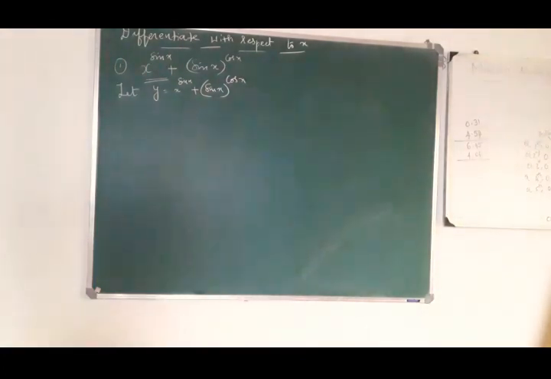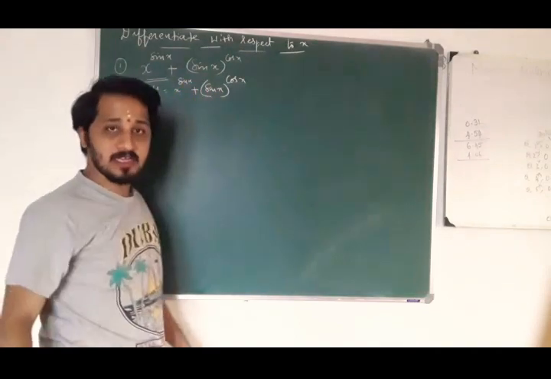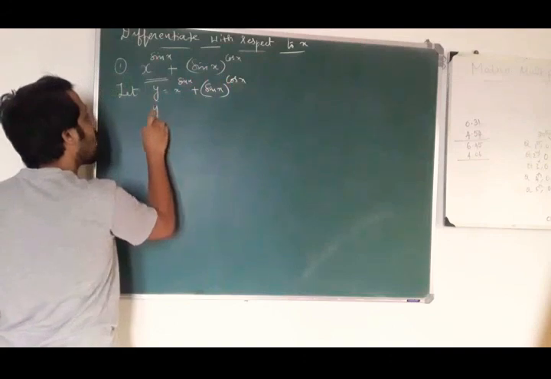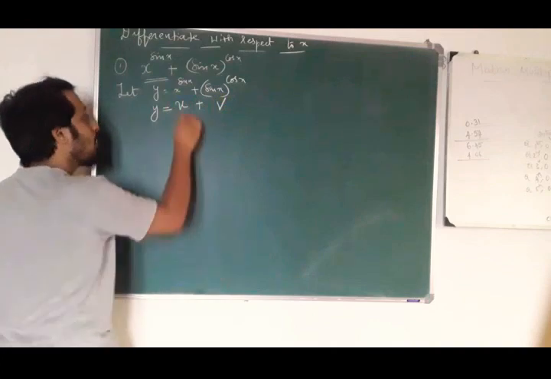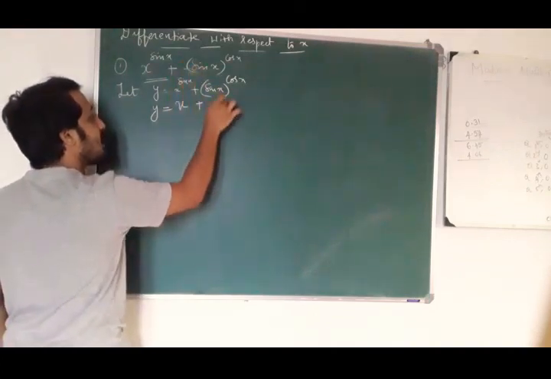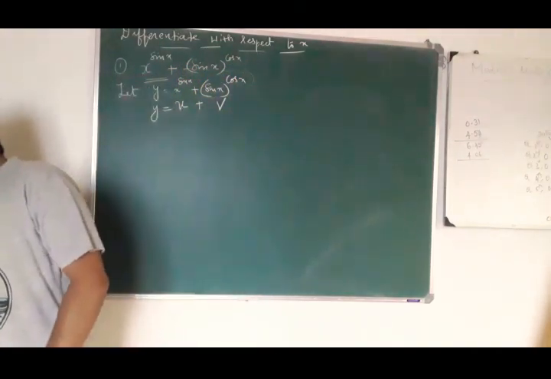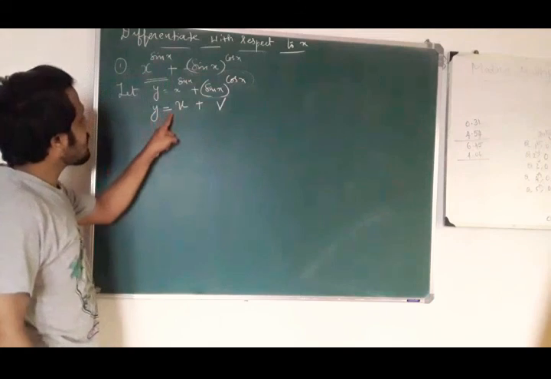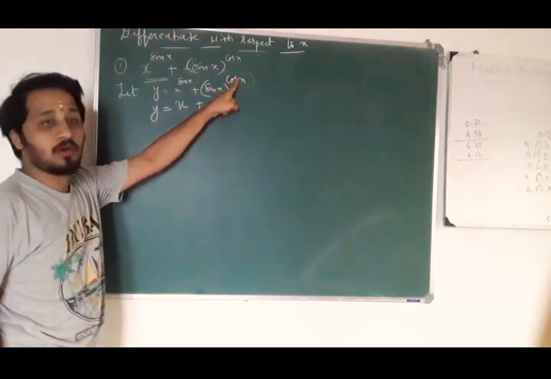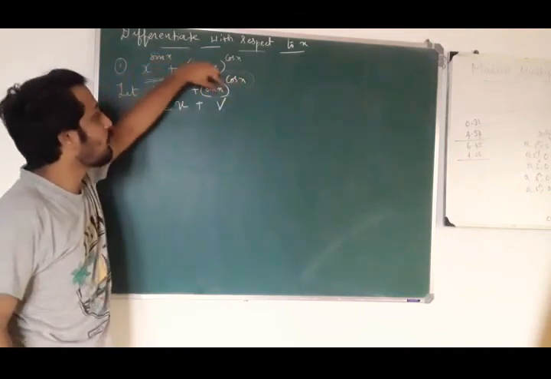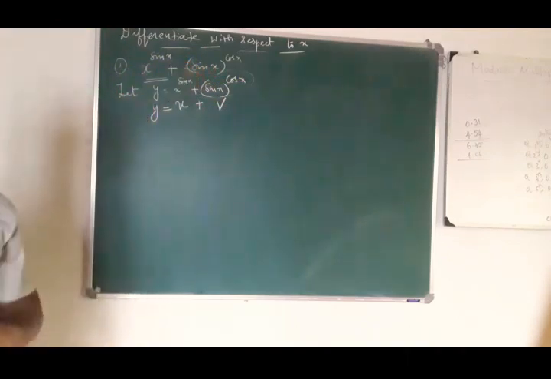For that, first I am going to write y is equal to u plus v, where u is equal to x power sin x and v is equal to sin x to the power cos x. So y is equal to u plus v, that is x to the power sin x plus sin x to the power cos x. Each term I have to apply logarithmic differentiation. Go through this.